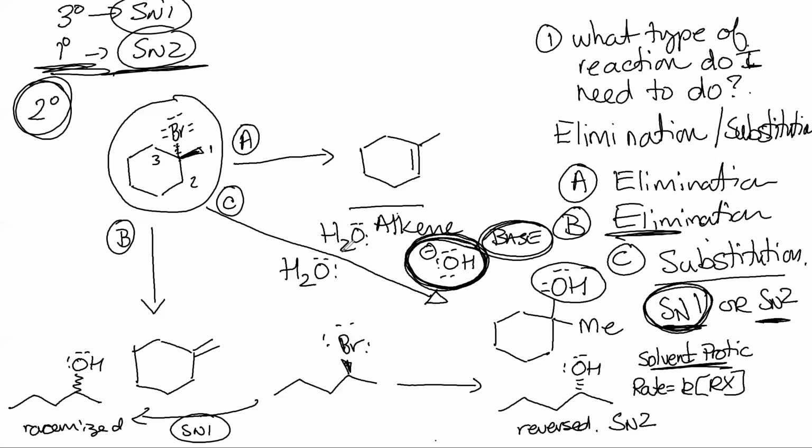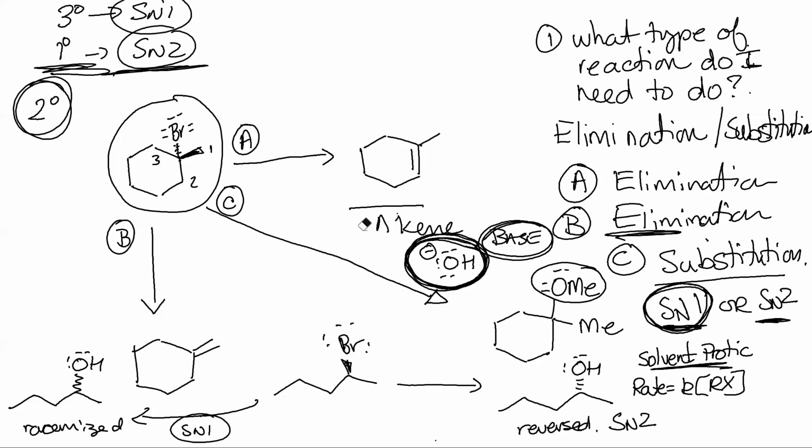So let me erase something. Let's erase this H, and let's put an Me here. So instead of being replaced with the OH, it's now being replaced with the OMe. The only thing we would change in our setup is that we wouldn't use water as our solvent, and we wouldn't use water as our nucleophile.